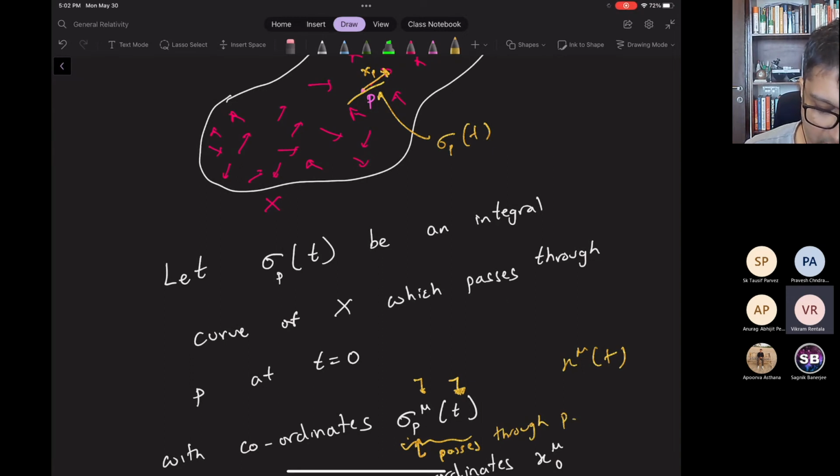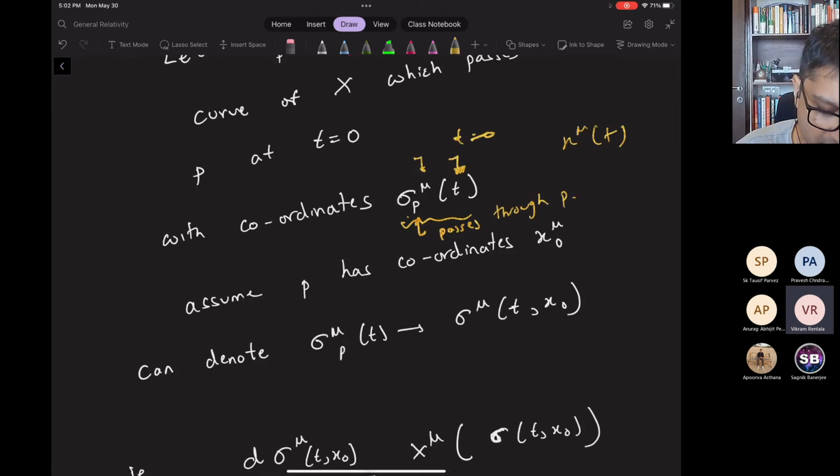Remember that I'm assuming that at t equal to 0 I'm at P, but at other values of t, I'm not at the point P, I'm at some other point along this curve. So we'll assume that P has coordinates x0^mu. Then if we denote sigma_p^mu(t) as sigma^mu(t), instead of putting the P outside, we'll put the P inside, just to remind us that this curve passes through x0, or x0^nu, where I have taken the full set of x0s.